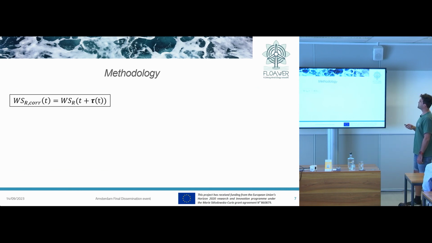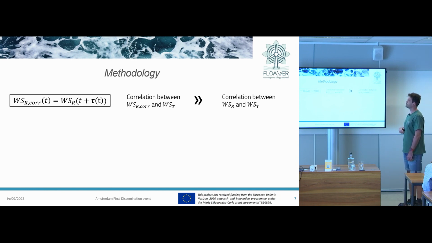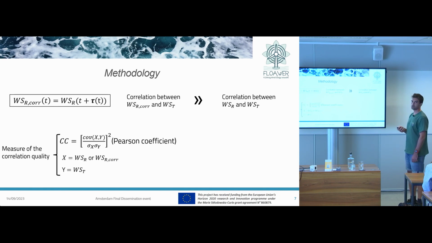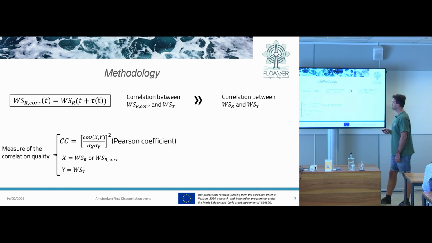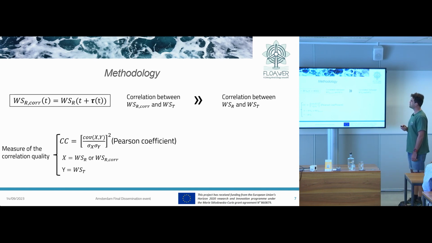The methodology: I assume that by doing this correction, my correlation between the two wind speeds will be better. To measure how good the correlation between the stations is, I will use the Pearson coefficient. You have the definition here. I think all of you know what it is.